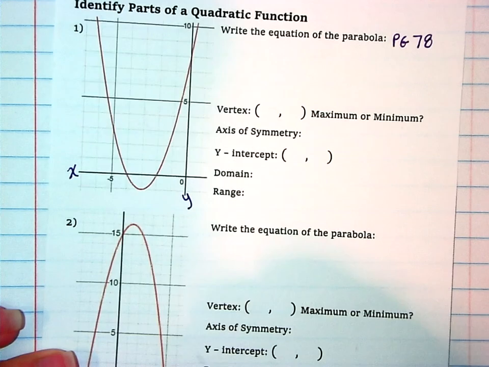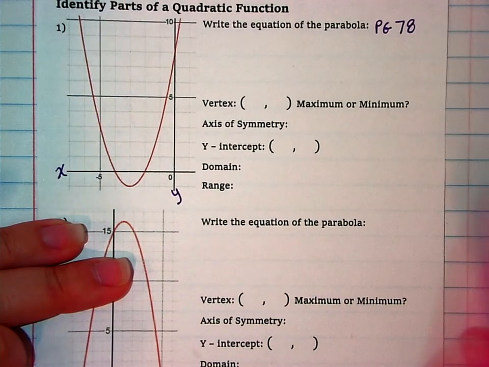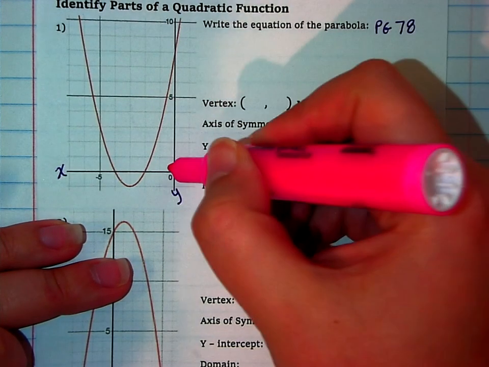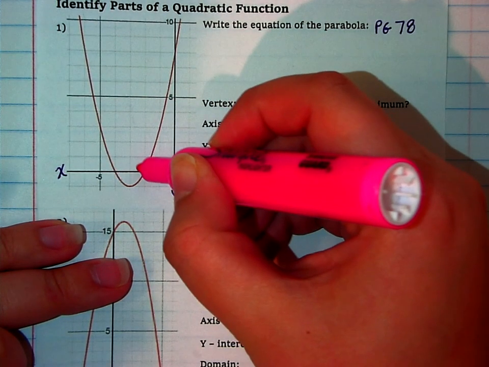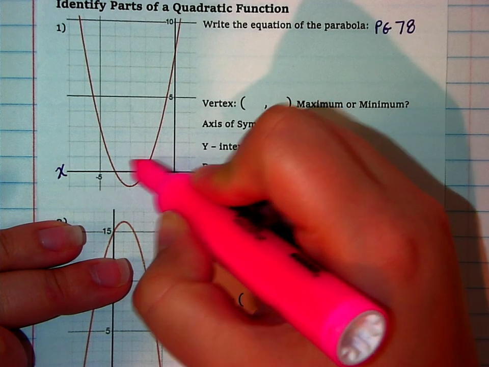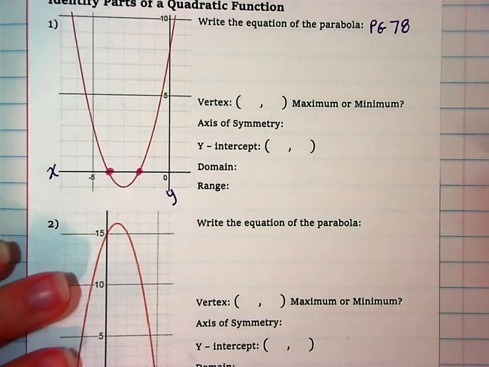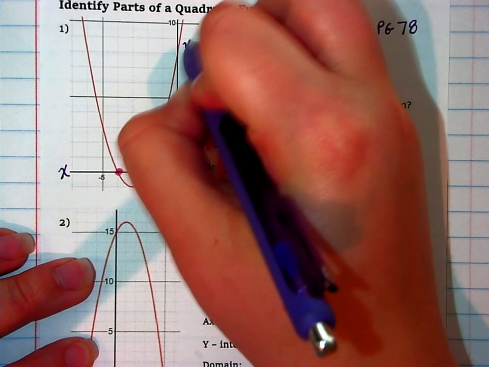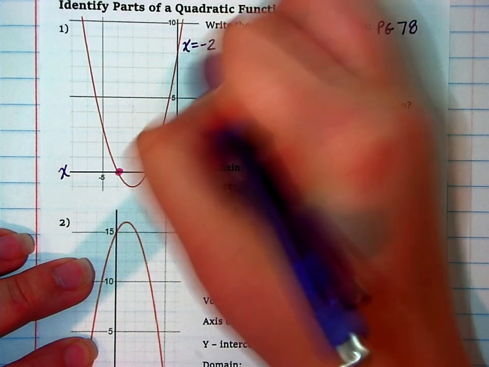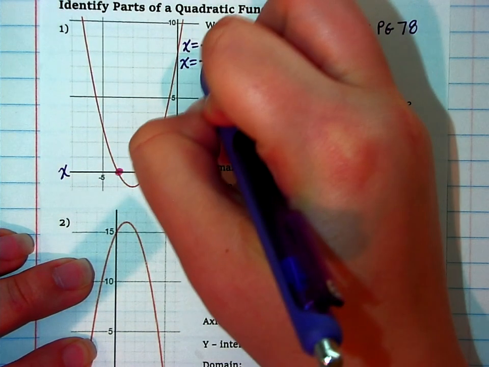So let's count over. This is 0, so we're going to -2. And 2, 3, 4, -4. So our solutions, our x-intercepts, are at -2 and -4.